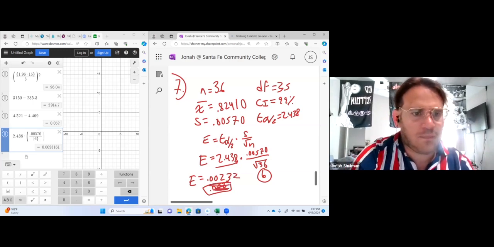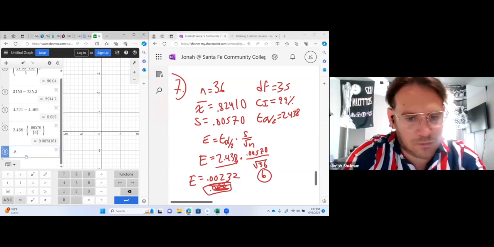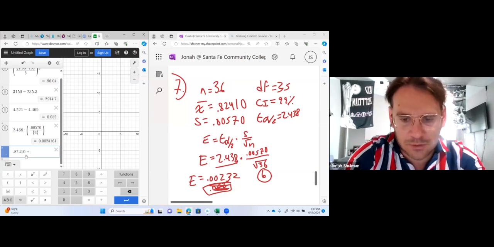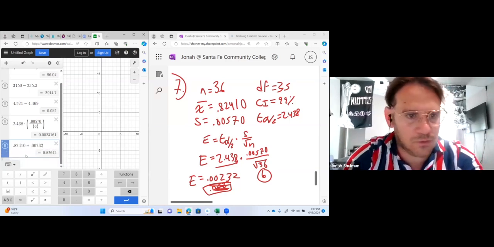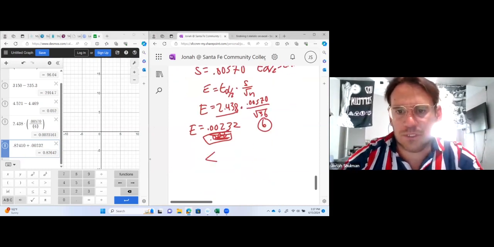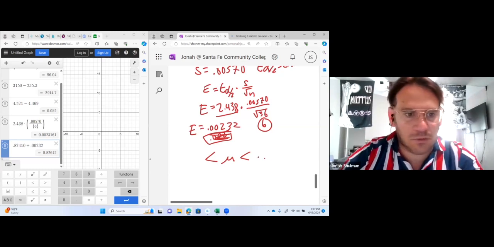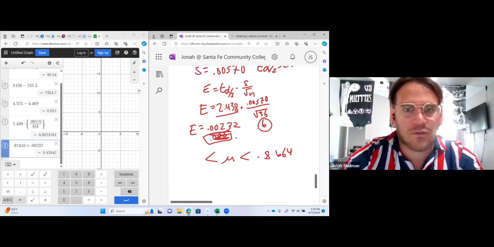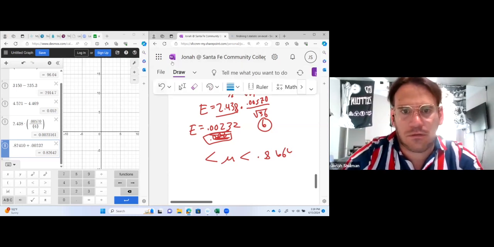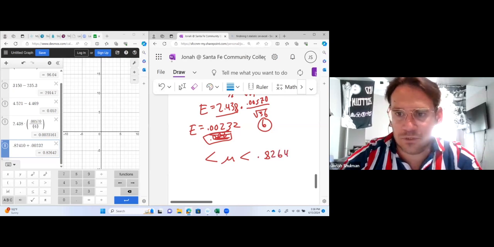So it's going to be 0.8240 plus 0.00232. So this is just telling us that our final answer, we're going to be 99% sure that the population mean is going to be between 0.8 to 6.4, sorry, 0.8 to 642.